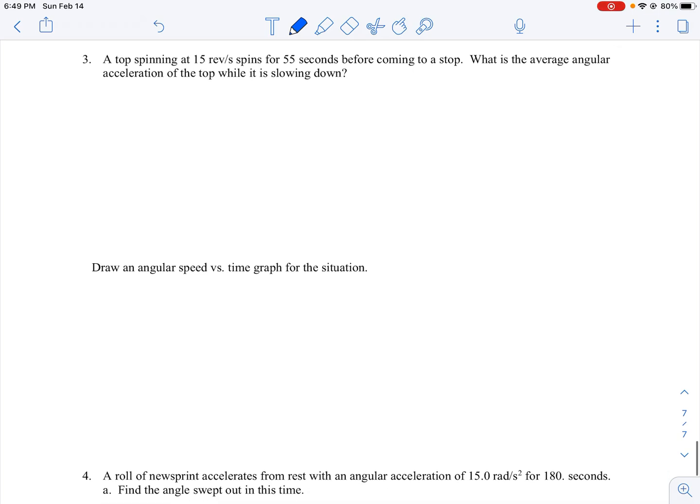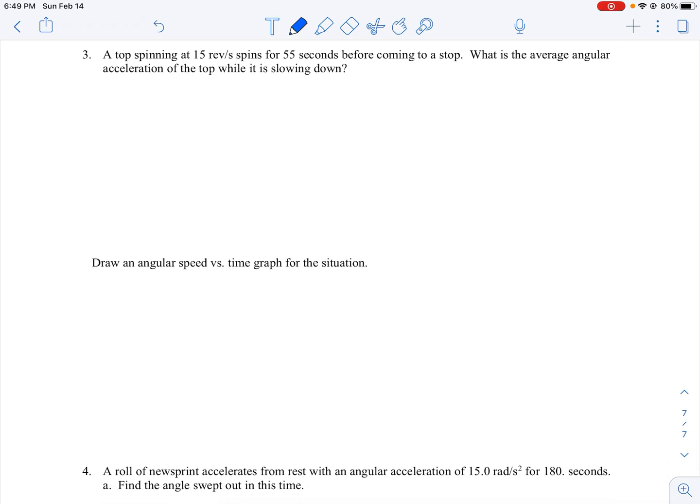Okay, let's try another one. A top spinning at 15 revolutions per second spins for 55 seconds before coming to a stop. What is the average angular acceleration of the top while it is slowing down? So first of all, this 15 revolutions per second is an initial velocity, but it's not given in radians. We would like it to be in radians, so I'm going to change it into radians.